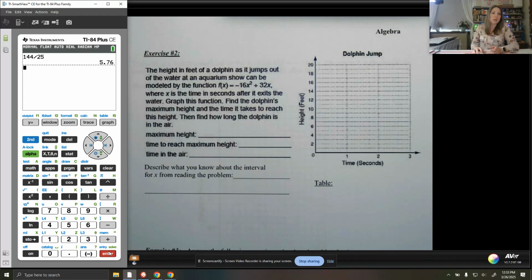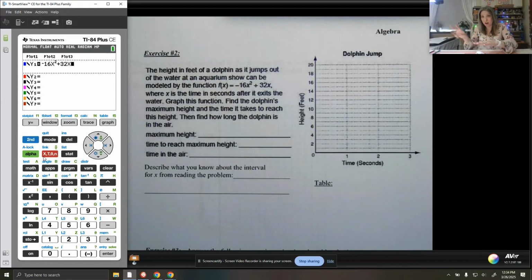Okay, sounds great. Let's go to y equals. Let's clear this out and retype the new function in. So negative 16x squared plus 32x. There isn't a c value, so I know my y-intercept is (0, 0). When I start recording, the dolphin is still in the water, right? Then it'll jump out and come back down to the water.